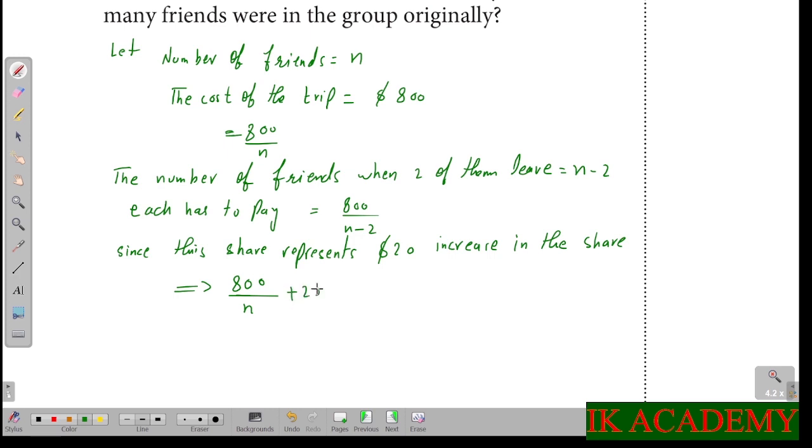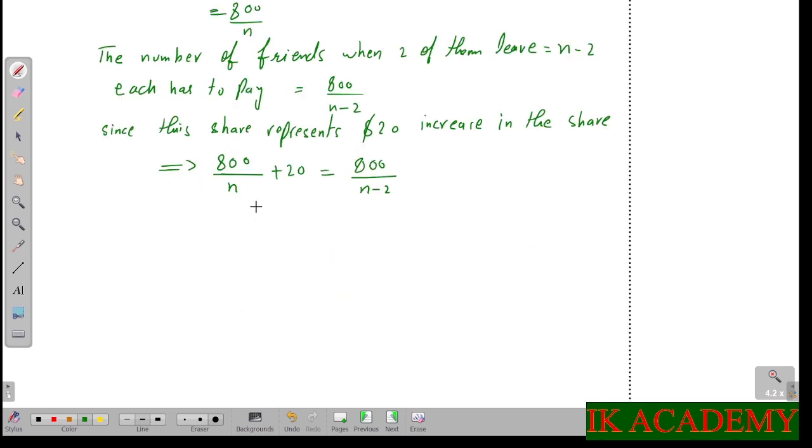It will be equal to 800 divided by n minus 2, when the two friends are not going on the trip. On the left side we can take the LCM, which is n. So 800 plus 20n over n is equal to 800 divided by n minus 2.